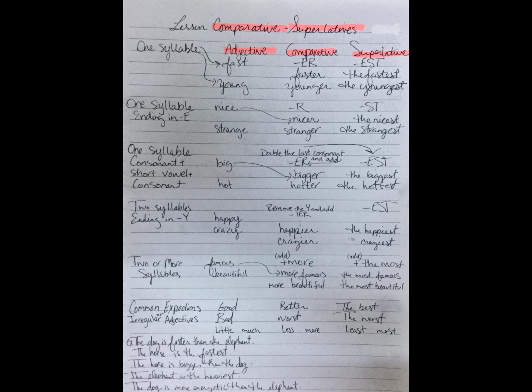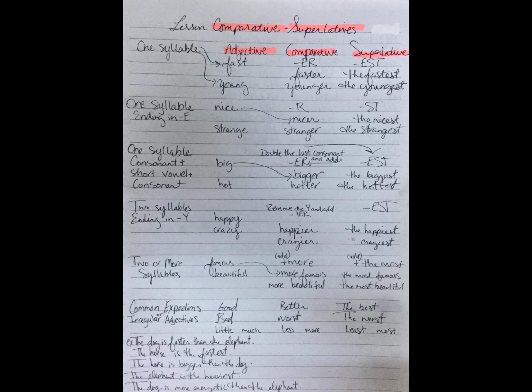Okay, so the common exceptions are good becomes better and then the best. I already went through this in our previous videos. Bad becomes worse, the worst, little, much, less, more, and then least. And then I have some examples here for you. The dog is faster than the elephant. The horse is the fastest.